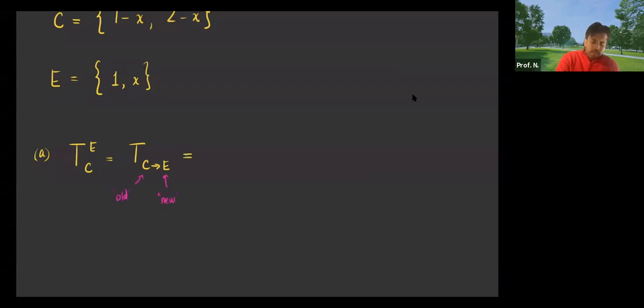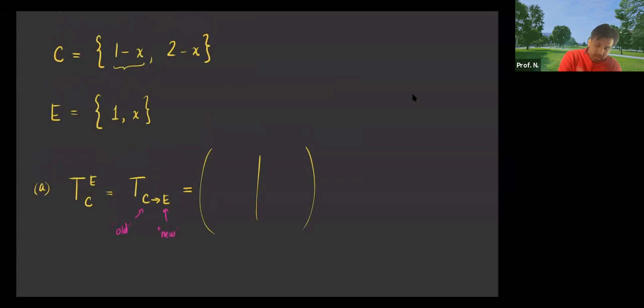Now, how do I do this in general? What's the quote-unquote formula for this? Well, I only have 2 vectors in each basis to deal with, so I have 2 columns. And the way is that I take the vectors from the old basis.